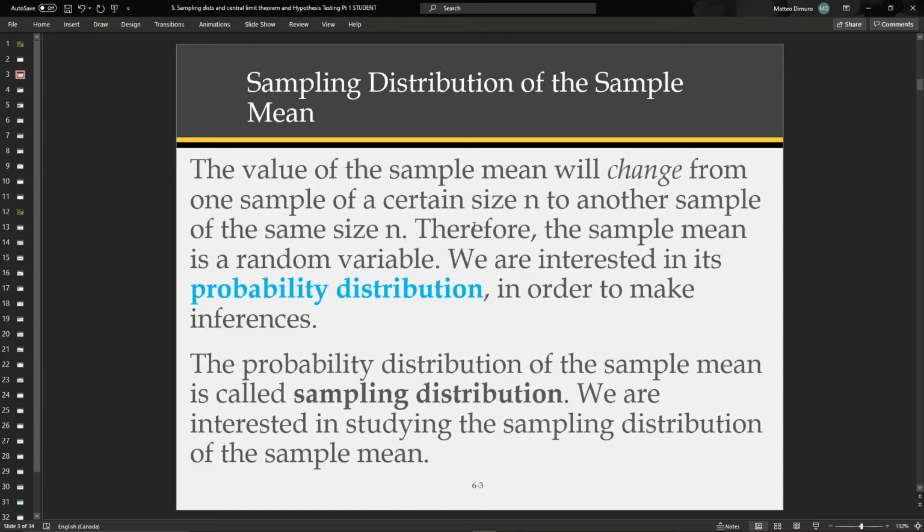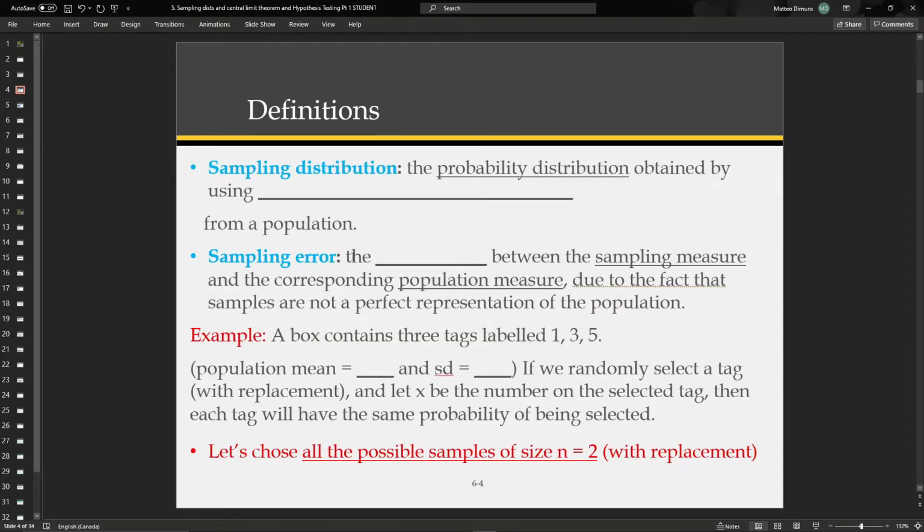So, therefore, the sample mean is a random variable, and we are interested in its probability distribution in order to make inferences. The probability distribution of the sample mean is called the sampling distribution. We are interested in studying the sampling distribution of the sample means. Remember, the sample mean is what you get. The sampling distribution is the theoretical sample of all samples.